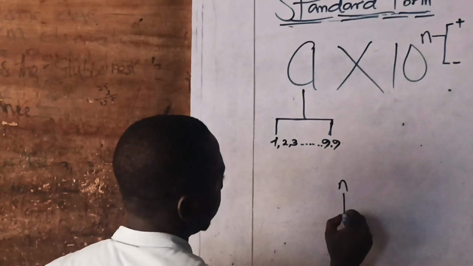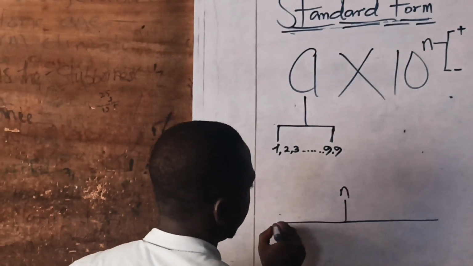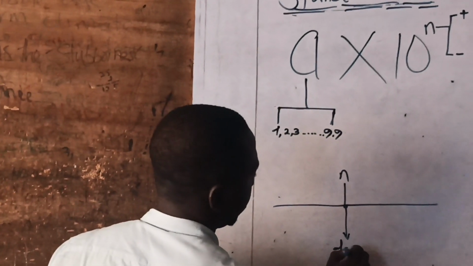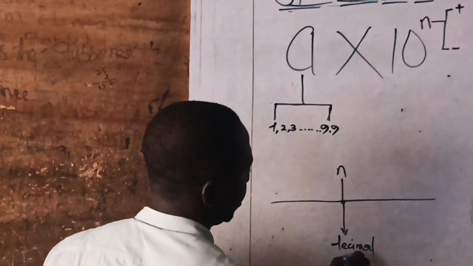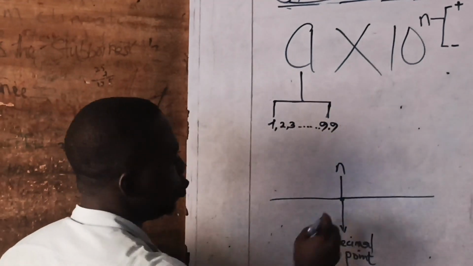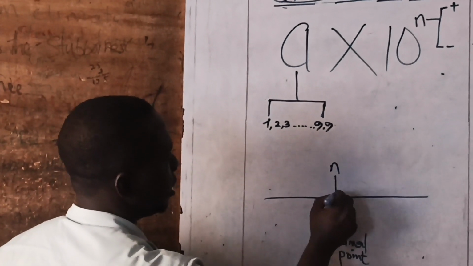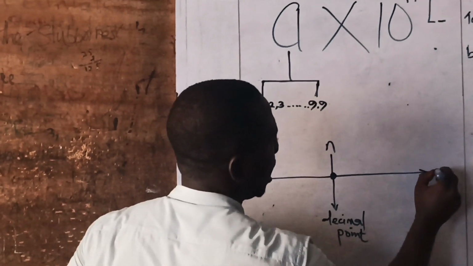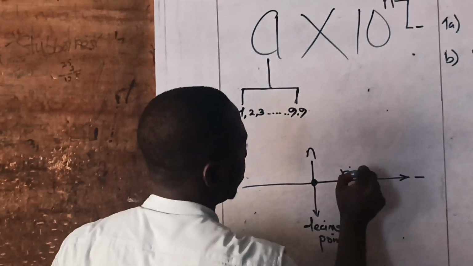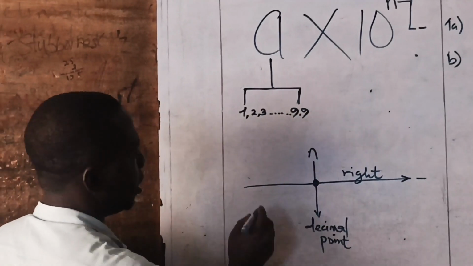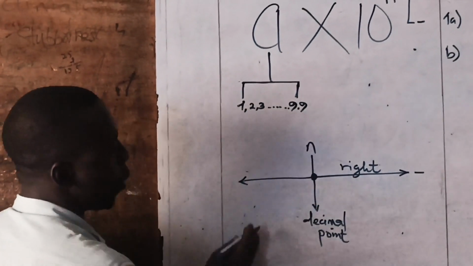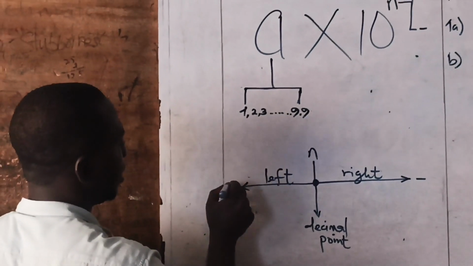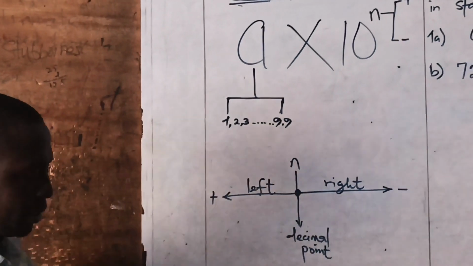This is our N. So let's say this is a decimal point. If you move your decimal point to the right direction, it will take negative. That is right direction. But if you move your decimal point to the left direction, it will take positive, and that is for your N.